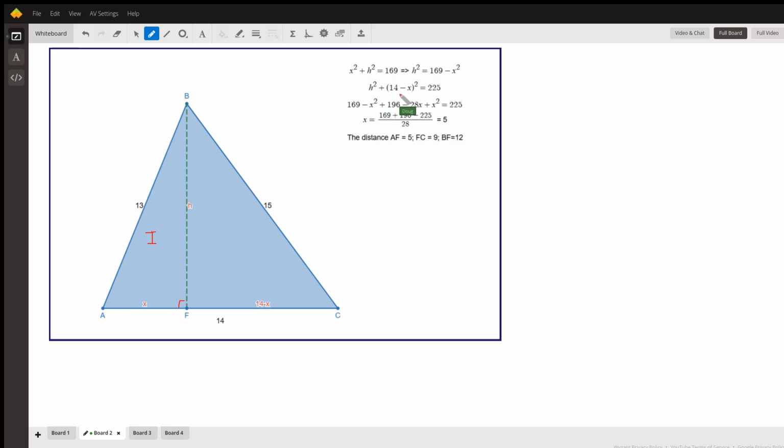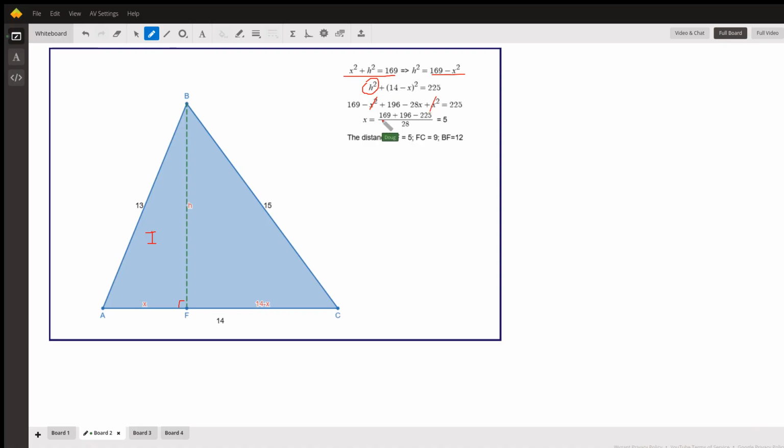And h squared plus (14 minus x) squared equals 15 squared, or 225. From this first equation, h squared equals 169 minus x squared. So that's what I substitute here. That allows me to solve for x. Conveniently, the x squareds drop out.